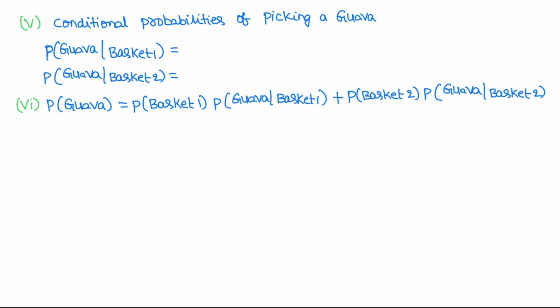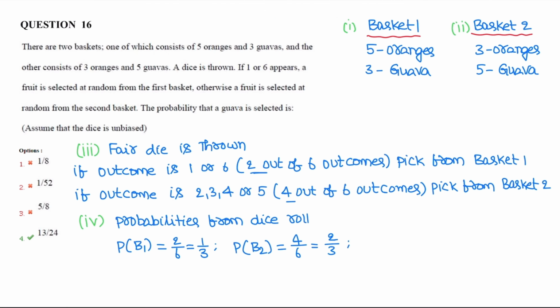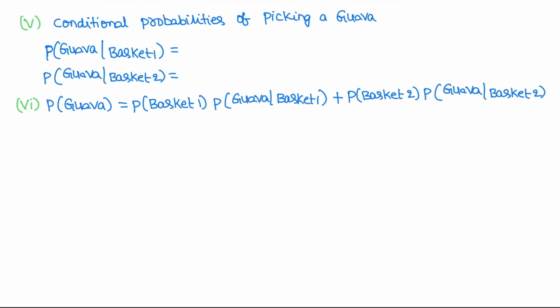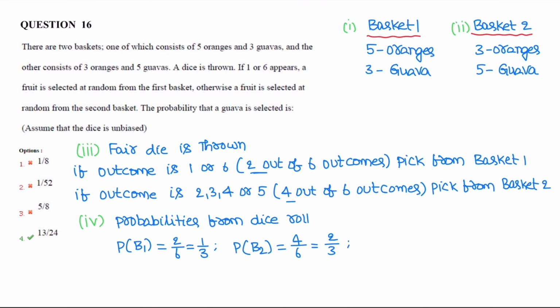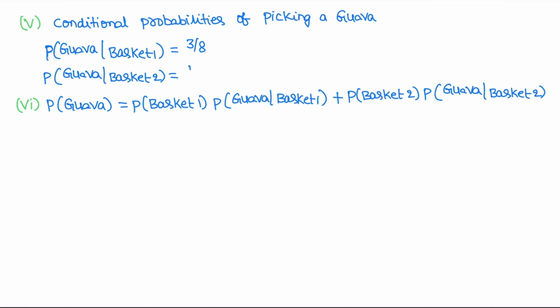Now the conditional probabilities of picking a guava: from basket 1 it is 3 by 8, and from basket 2 it is 5 by 8, since there are 5 guavas and total fruits are 8.